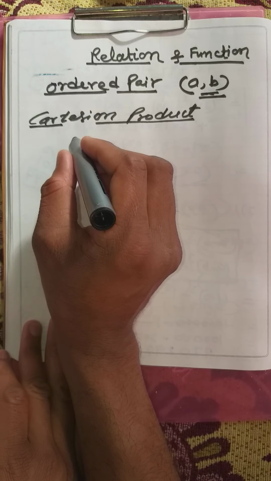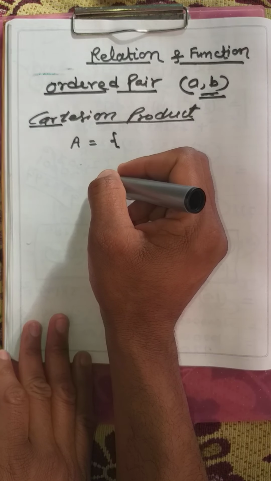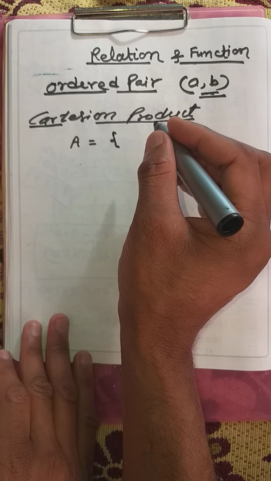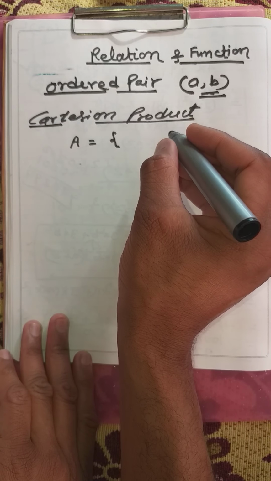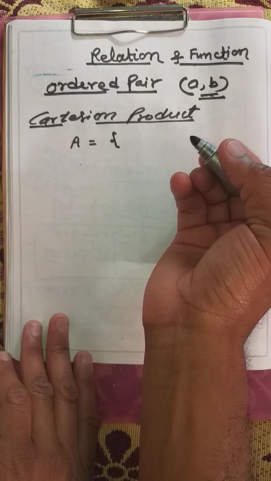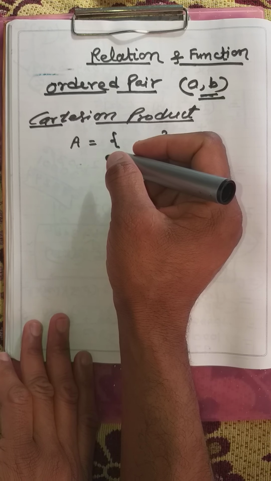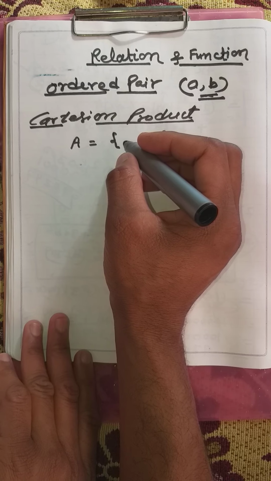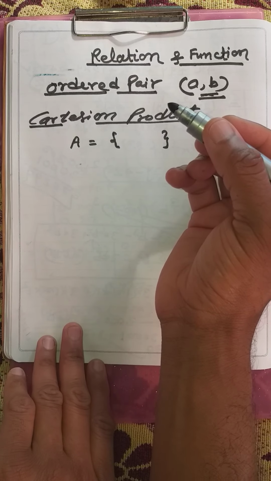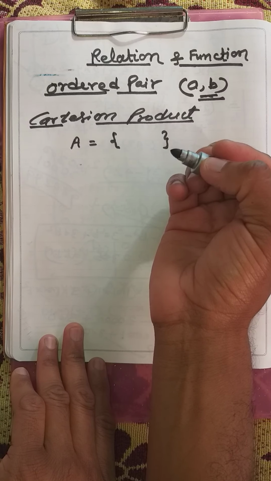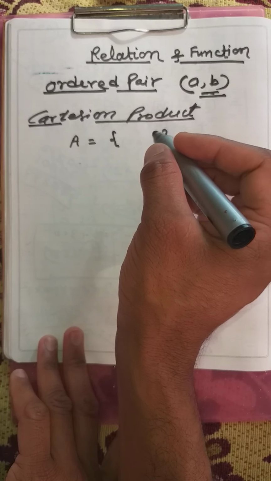Let us suppose we have a set A, but we must know what a set is. A set is a well-defined collection of objects, such as a collection of odd numbers, a collection of even numbers, or a collection of books written by Munshi Premchand. All are examples of a set.